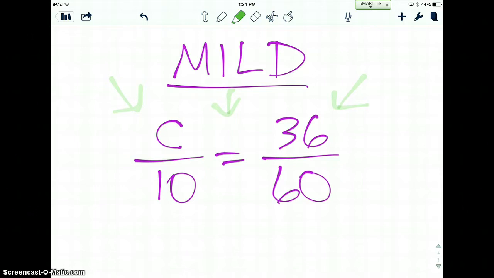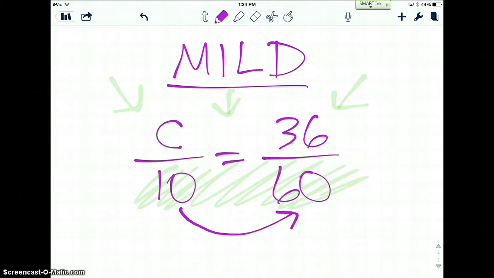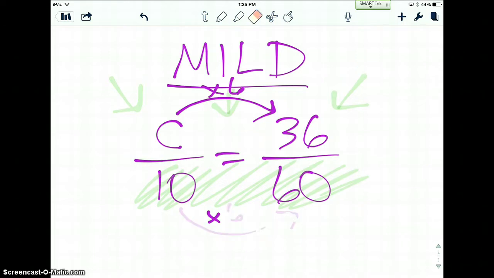Now this is mild because I am seeing a relationship here between the 10 and the 60. I could get from 10 to 60 by multiplying by 6. Meaning, I could go something times 6 that gives me 36. If I can't figure that out, maybe I need to go the other way.